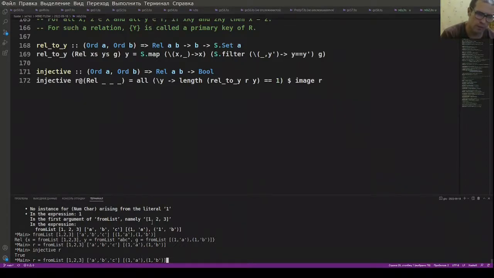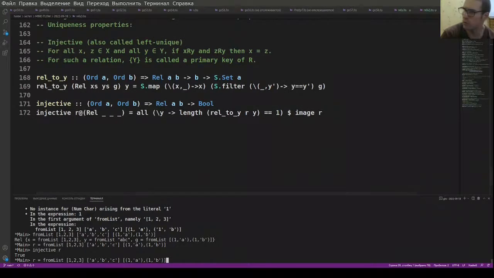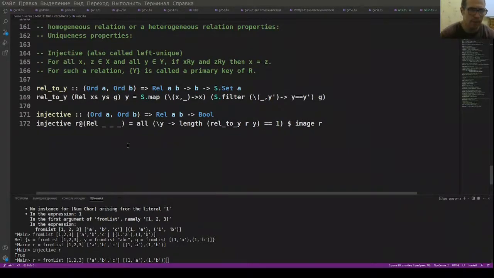But actually, is it injective or not? And yes, this is an injective relation because this is not a function, so two different y's, I think, can map to the same x.